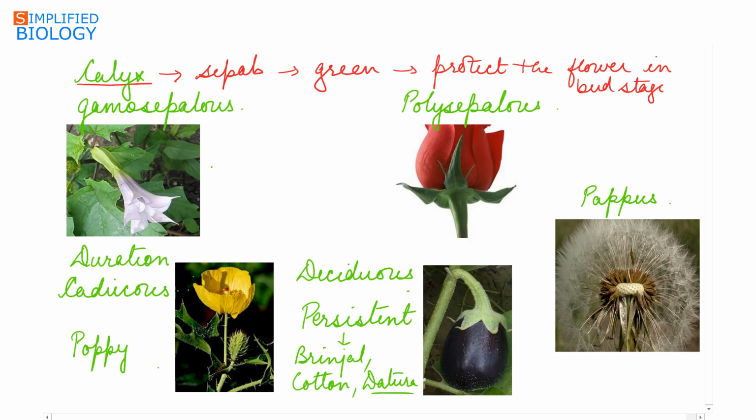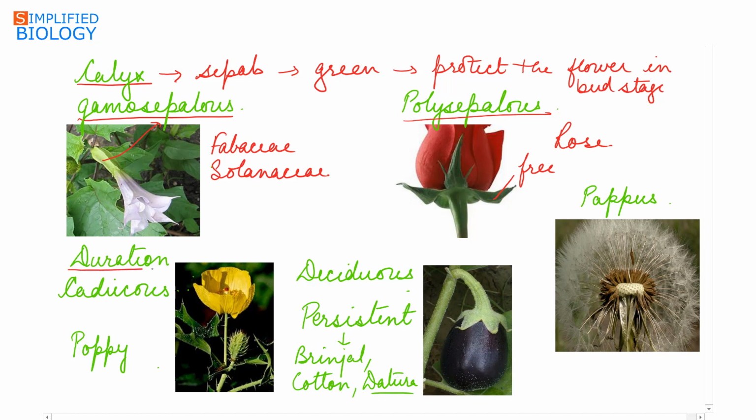Now when the sepals are united, it is gamosepalous, seen in case of family Fabaceae and Solanaceae. Polysepalous means the sepals are free. Example, rose.